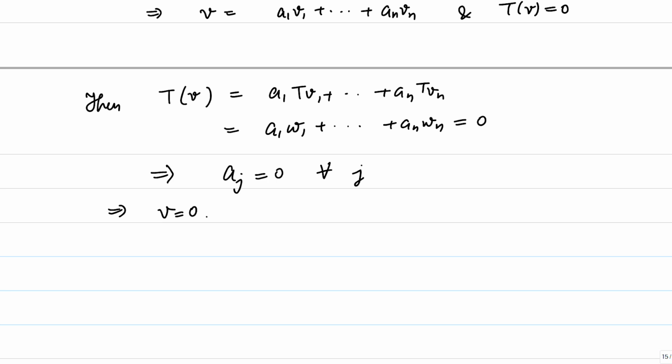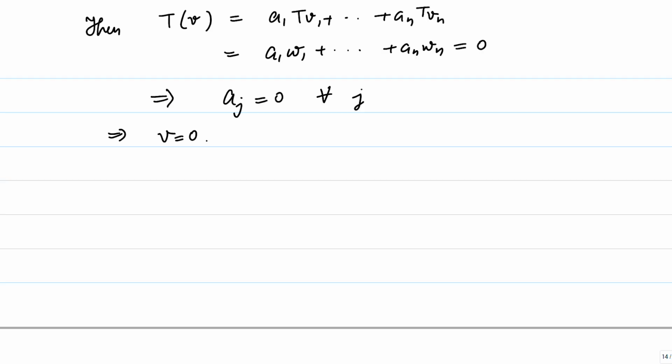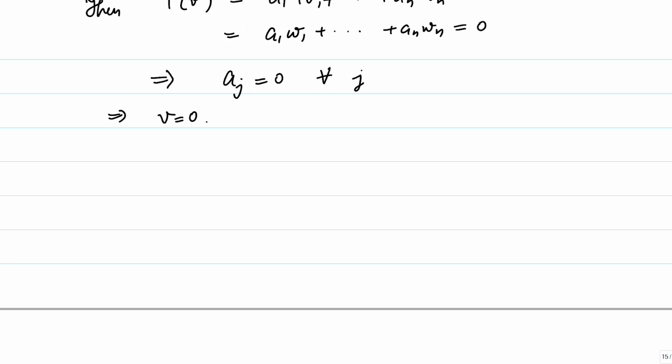So we started off with an arbitrary vector v in U intersected with the null space of T, and we have proved that it is 0. 0 is obviously in the intersection of both because both are subspaces. So hence the intersection is equal to the 0 subspace.